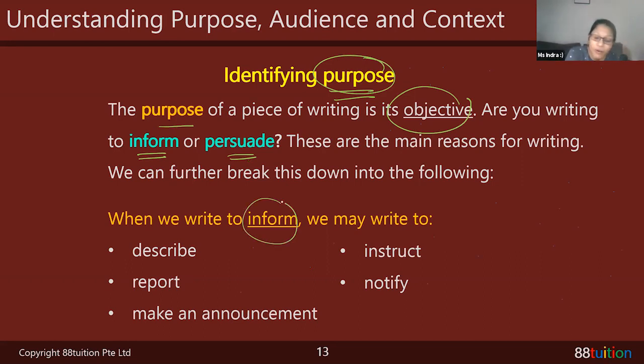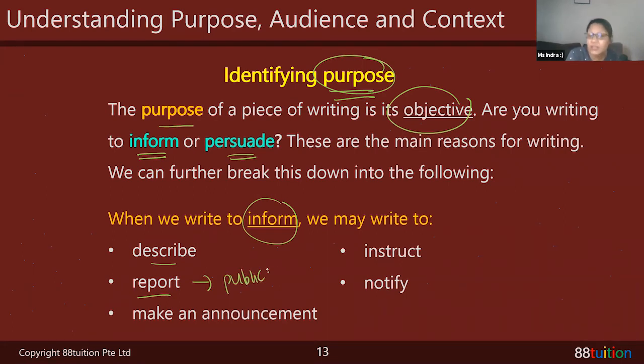When you want to inform, basically you're writing to describe something, okay? For example, you can describe an accident that you have seen. You're informing the police, for example. A report that you're writing, maybe it's also a report to the police, right? Okay, therefore you are able to describe something, or in this case make a report, which is why you're informing maybe the public about something.